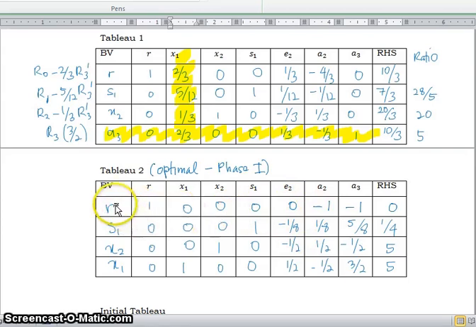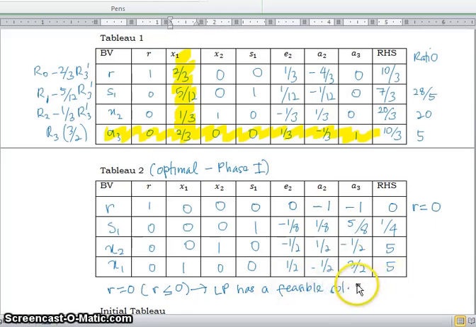Check the value of R. Since R equals 0, where for R less than or equal to 0 the problem has a feasible solution, we can proceed to phase 2.